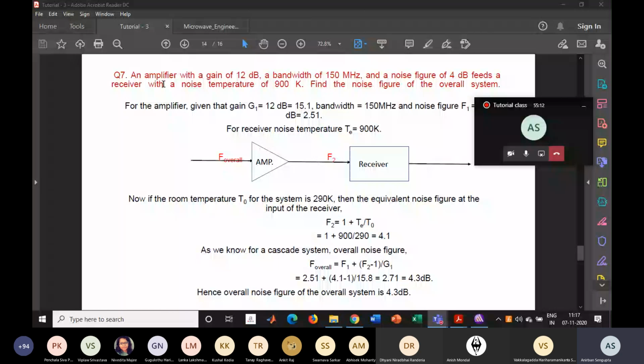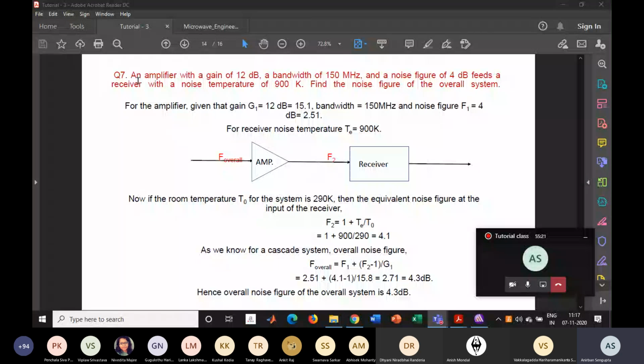You can see the diagram here. An amplifier with a gain of 12 dB, a bandwidth of 150 megahertz, and a noise figure of 4 dB feeds a receiver with a noise temperature of 900 K. Find the noise figure of the overall system.